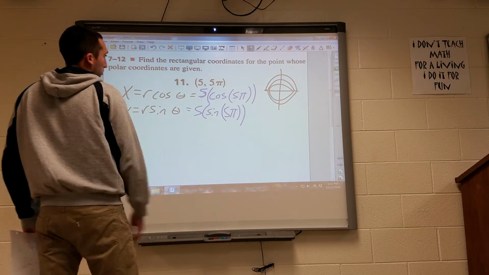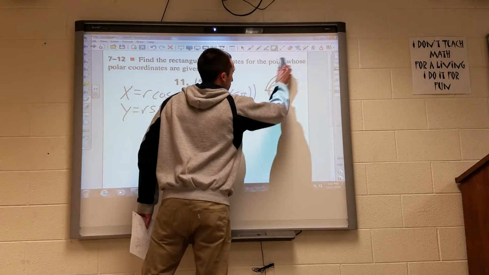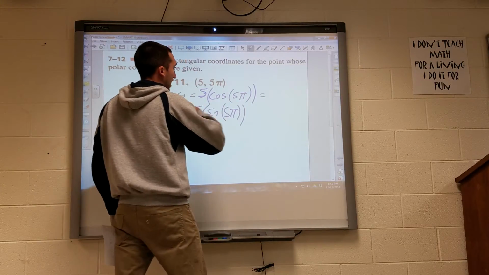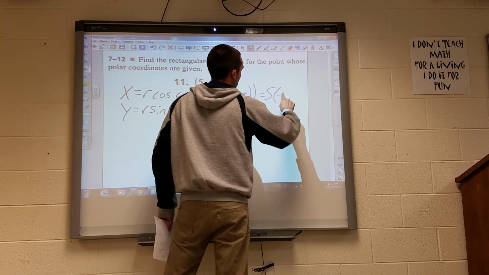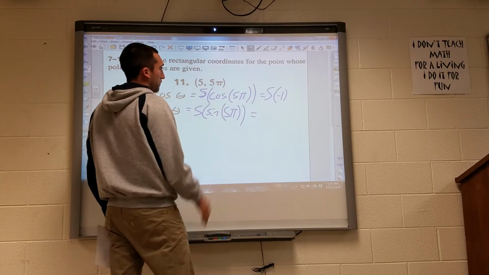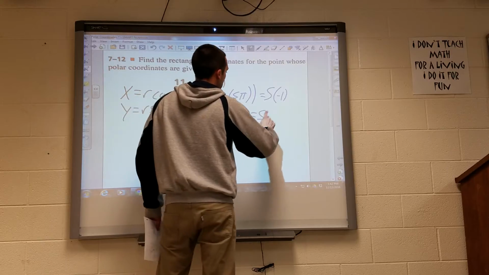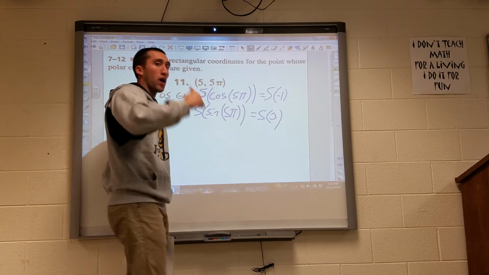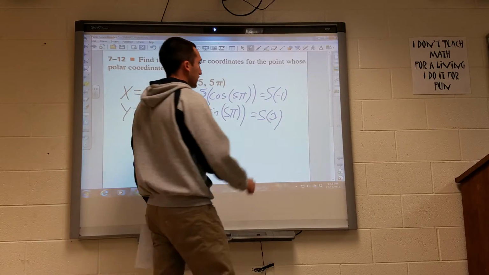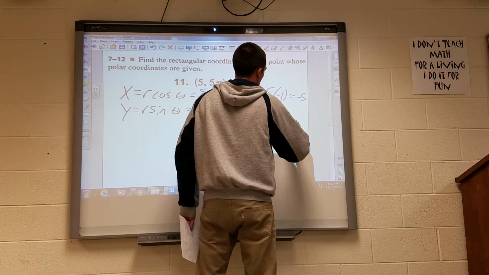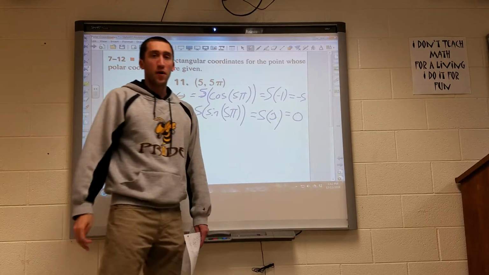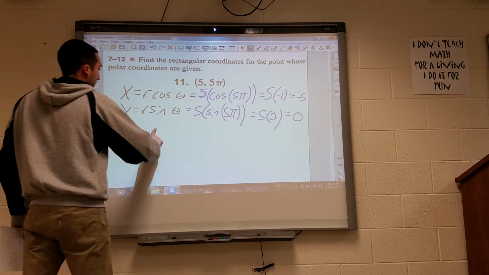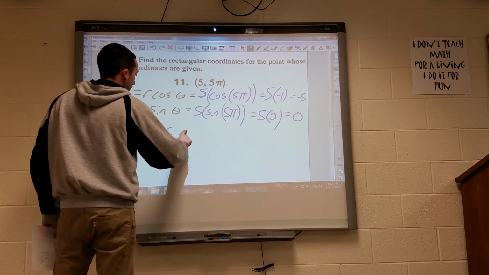So I can plug in for my cosine 5 pi and my sine 5 pi. I get 5 times -1, because cosine of 5 pi is -1, and sine of 5 pi is 0, because our y coordinate will be 0 on the x-axis there. So we get -5 for my x-coordinate and 0 for my y-coordinate. That gives us a rectangular coordinate, -5, 0.